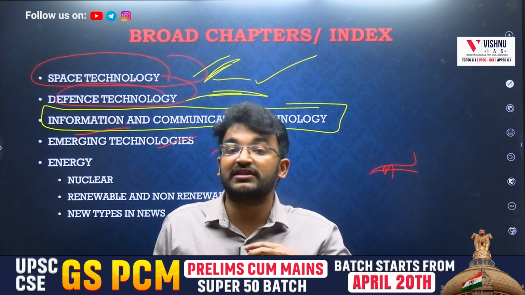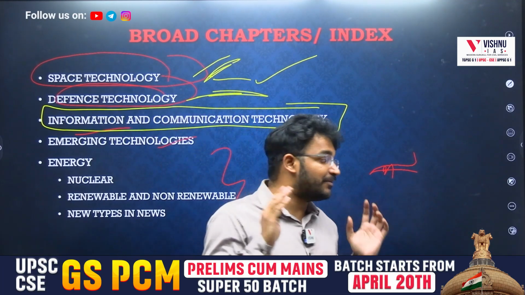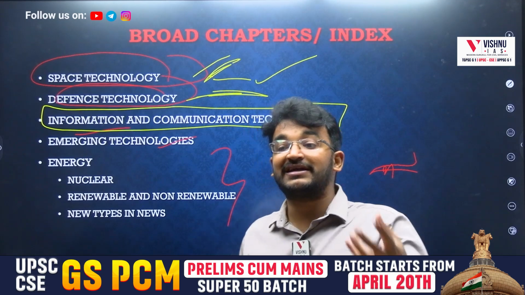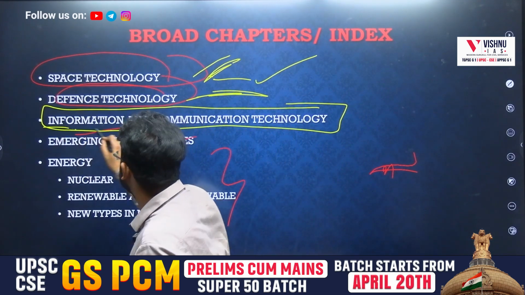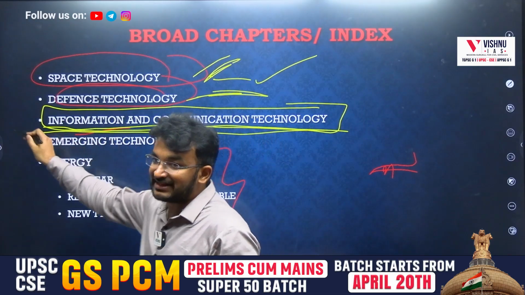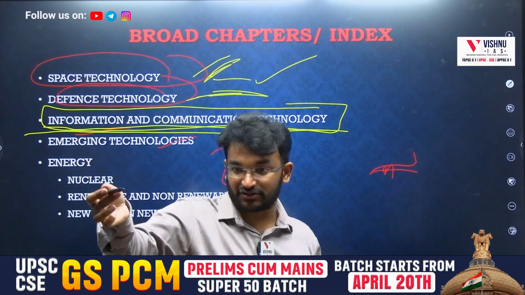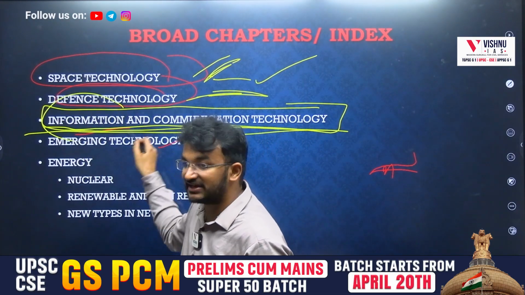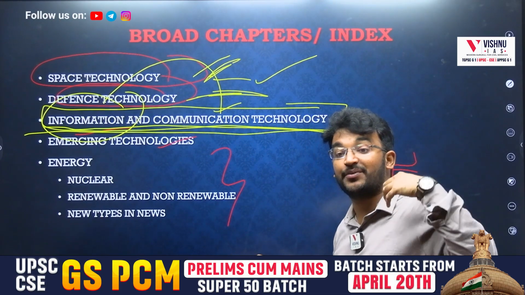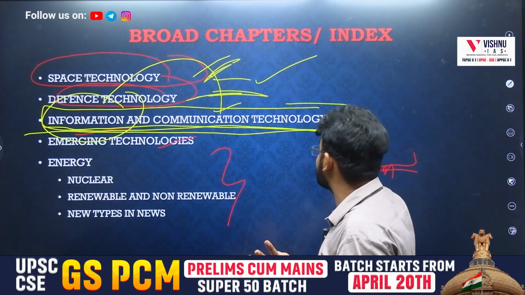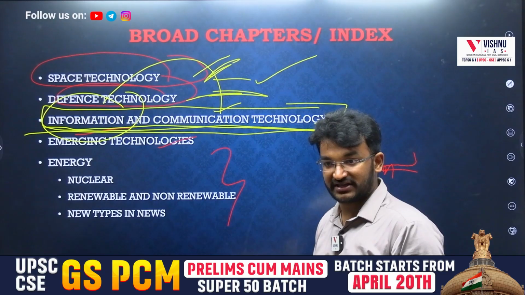What all the different mediums that help you communicate that information is dealt with in information and communication technology. How we are creating the information and how it is communicated to others, we will see in this information communication technology.